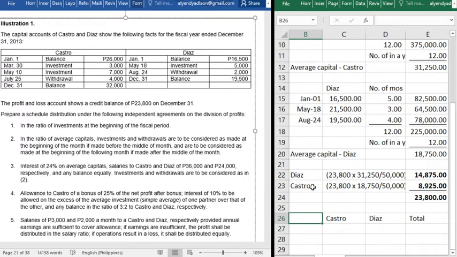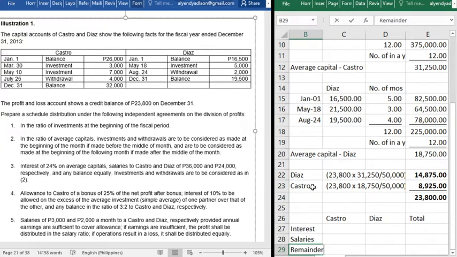This one here is for the interest, because usually the interest is the one that is first stated. Then we have the salaries, because usually the salary is the one that is secondly stated. And then there is no bonus, so let's proceed to remainder.